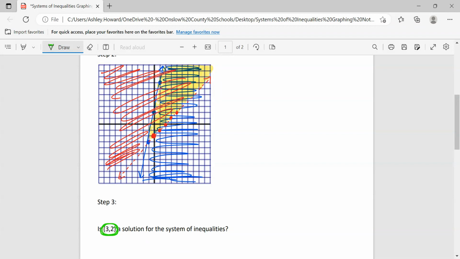So I'm going to go over to 3 on the x-axis and up 2, which would land me right here. And that's the ordered pair (3, 2). Since that is in the yellow shaded region, yes, that is a solution.